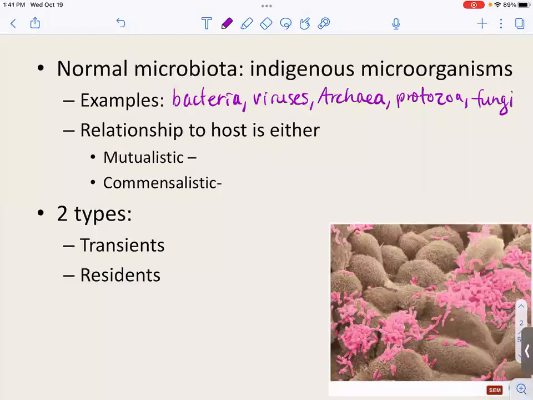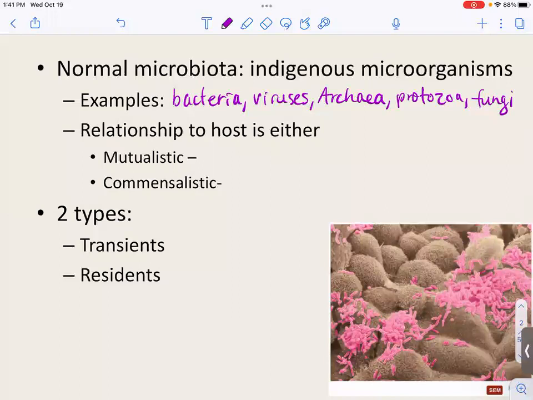And of course, people are slightly different, or sometimes really different, as to what their makeup of their microbiome is. But it's been estimated that you have probably about 10 times more microorganisms in your body than you have cells of your own. So you're only 10% you in terms of number of cells.